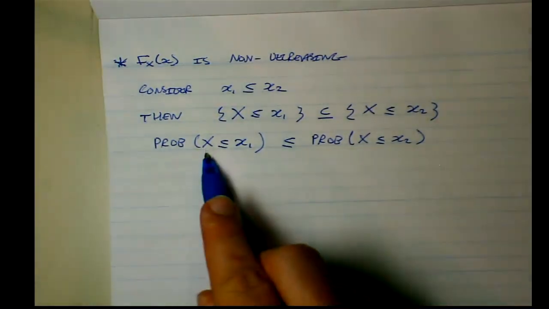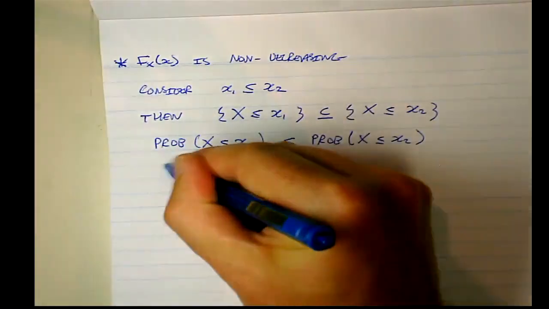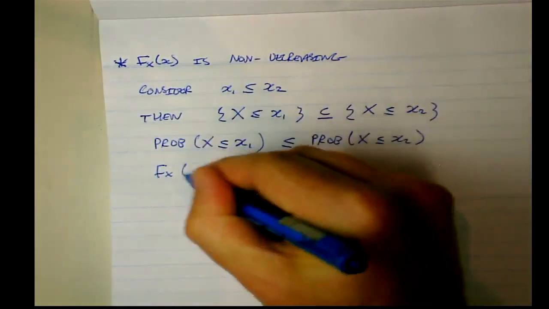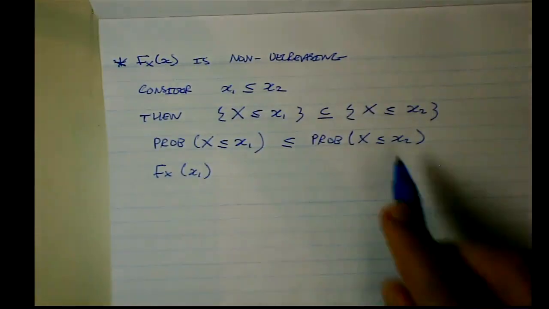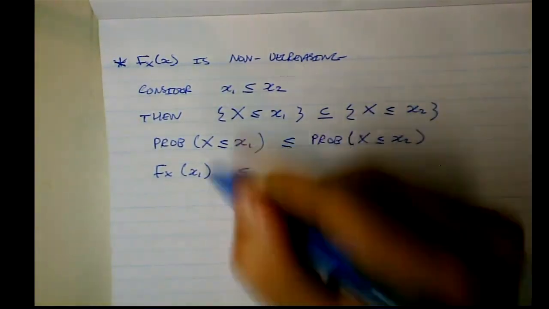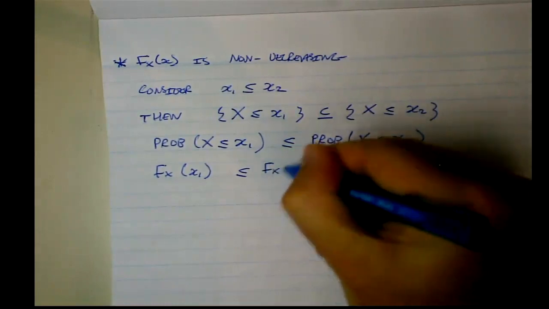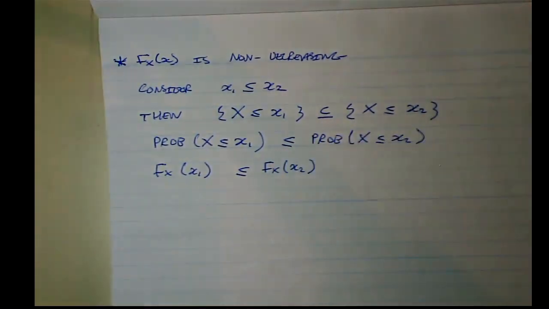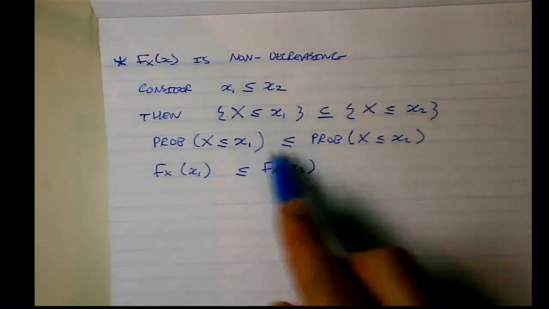Well, what is this? This is just the CDF evaluated at x1. And that is just the CDF evaluated at x2. And that's it. We're done. If x1 is smaller than x2, then F_X(x1) is smaller than F_X(x2). And we just used one result which we proved last week.